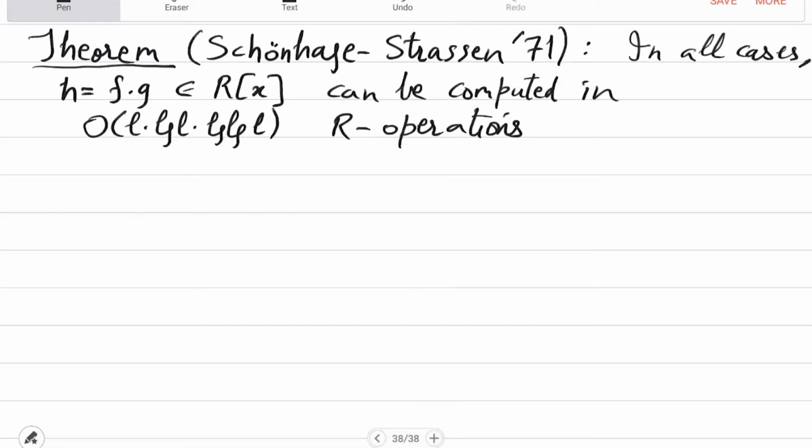This finishes the fastest polynomial multiplication algorithm. Any questions? If not, then we'll start a new topic, which is how to use this machinery, and this is a pretty big machinery, to multiply numbers.